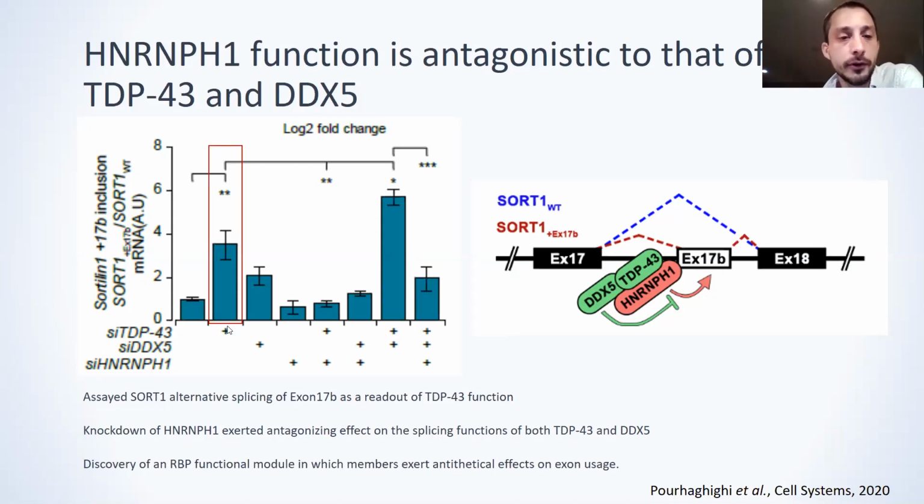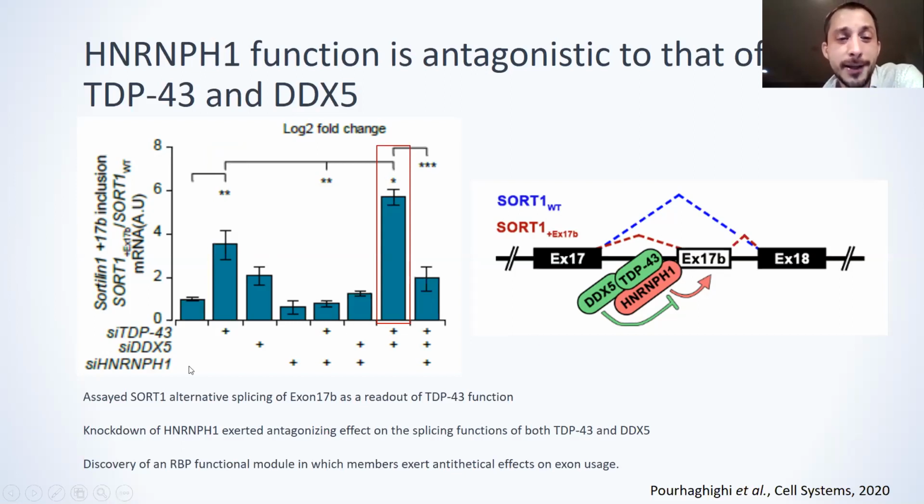So this data was known already. If you knock down TDP, you get aberrant inclusion of exon 17b. If you knock down DDX5, you also see a trend towards inclusion of exon 17b, but this wasn't significant. If you knock down the two together, you get very dramatic inclusion of exon 17b, and this is higher than either of the single knockdowns by themselves.